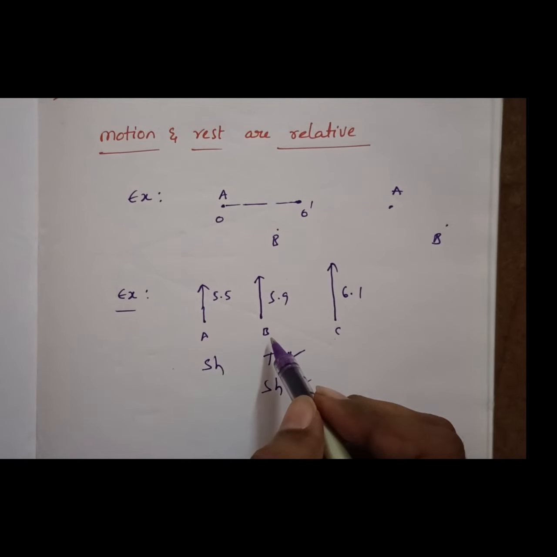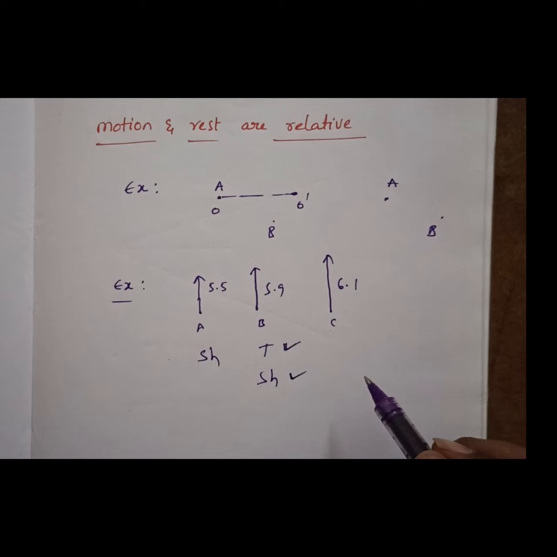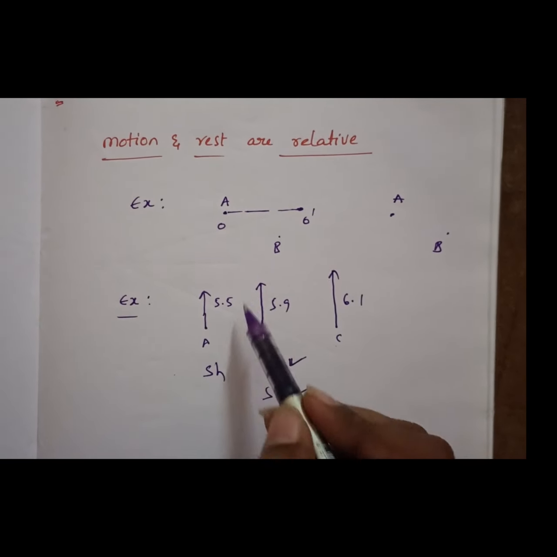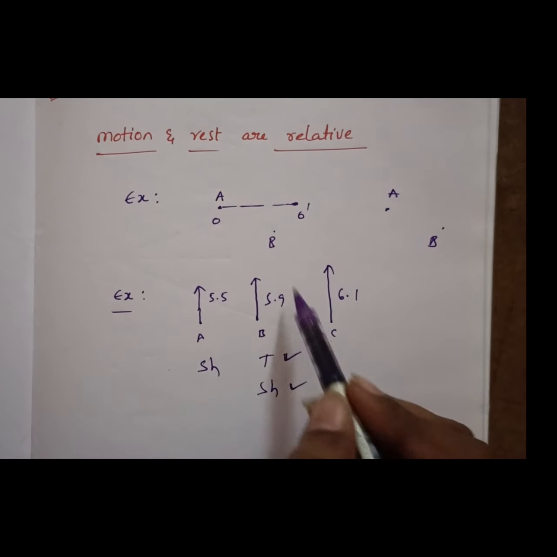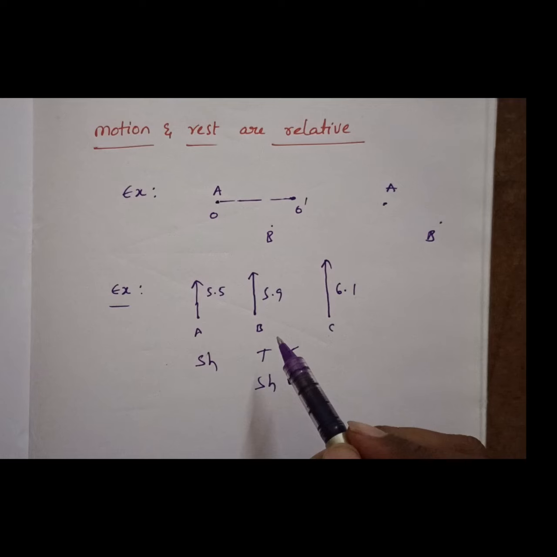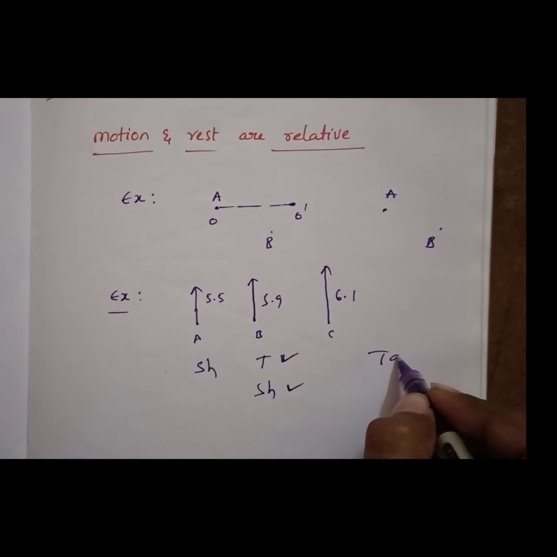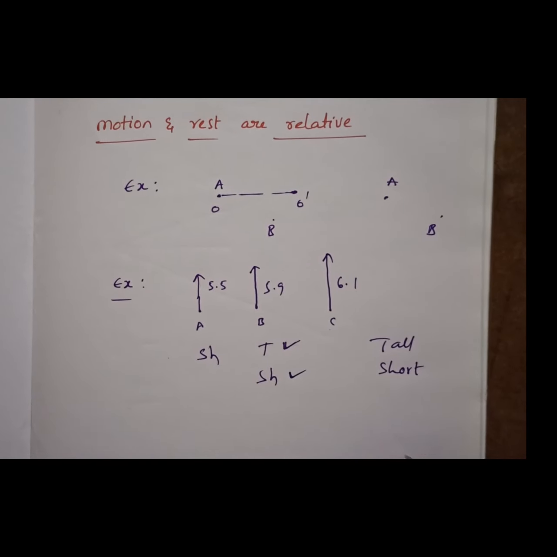As we compare B with C, B is shorter. We can't say B is absolutely taller or absolutely shorter. They are relative terms. Tall and short are relative terms.